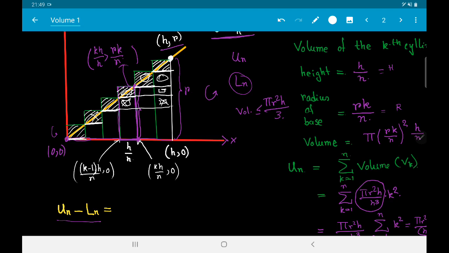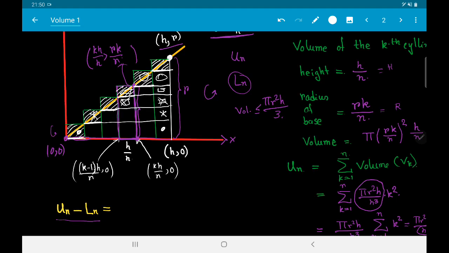I am running out of symbols, but you can verify that all these things are very nicely fitted into the bigger rectangle, and hence when we rotate the whole network of the smaller rectangles, that comes as this error un minus ln. So you get exactly the volume of the cylinder that is obtained by rotating this whole region, which is the biggest rectangle in the picture.